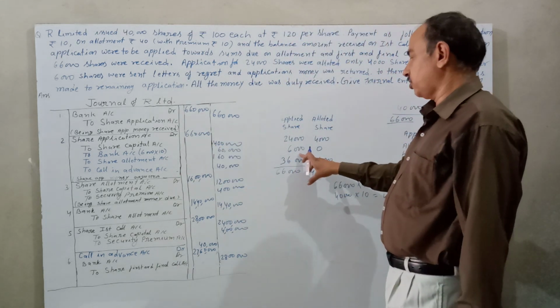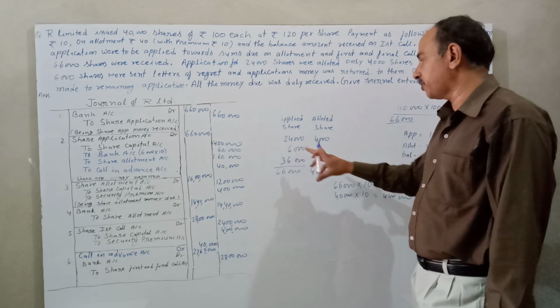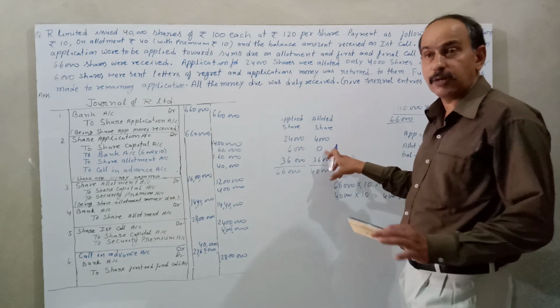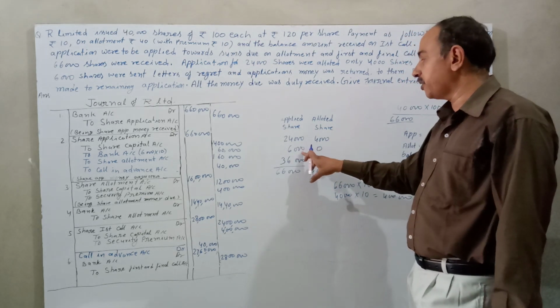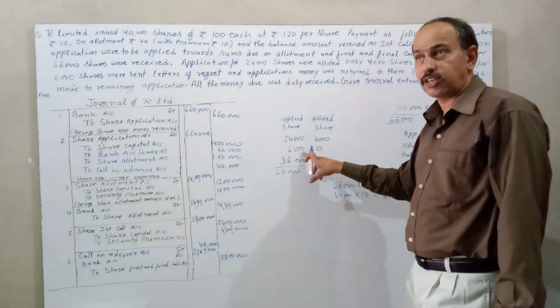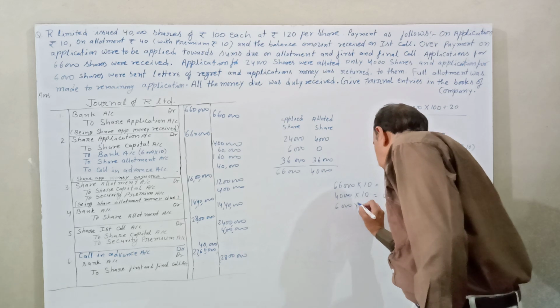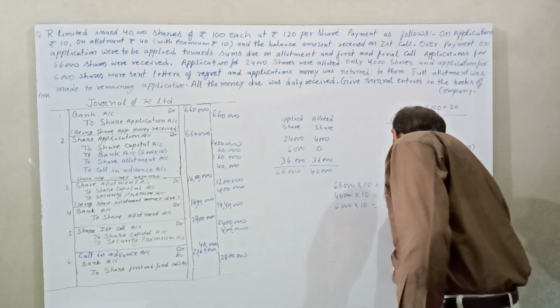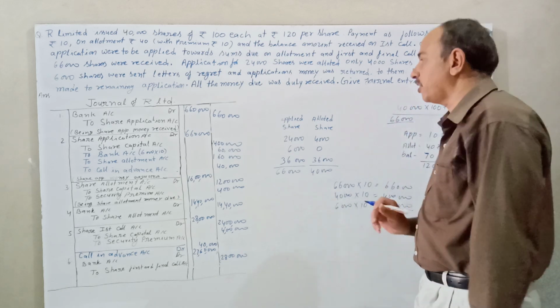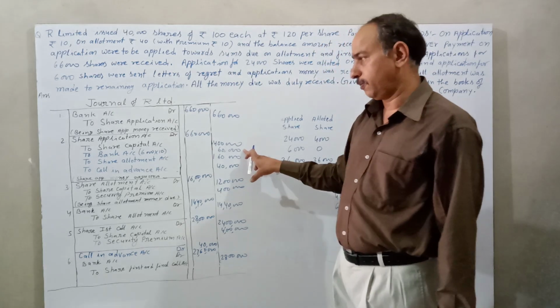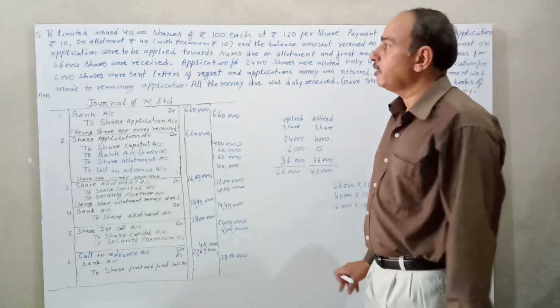And 6,000 shares applied for, but the company gave nothing, so the company returned these shareholders' payment. 6,000 multiplied by 10 is equal to 60,000 paid by the company to the shareholders whose applications were cancelled.